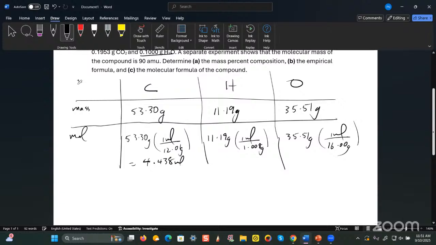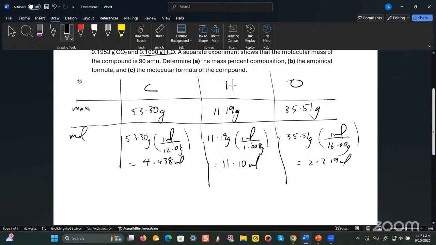In the case of hydrogen, 11.19 divided by 1.008 gives 11.10 moles. And finally, for oxygen, 35.51 divided by 16 gives 2.219 moles.